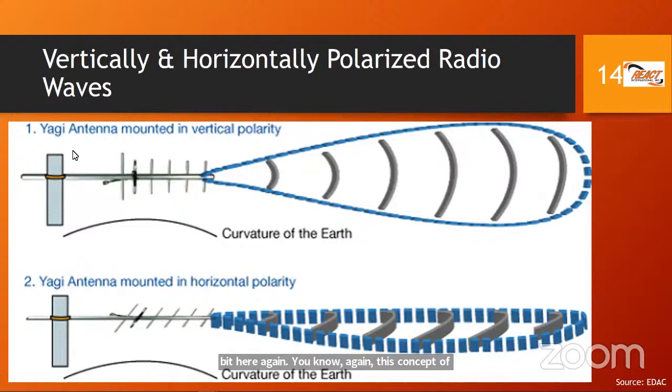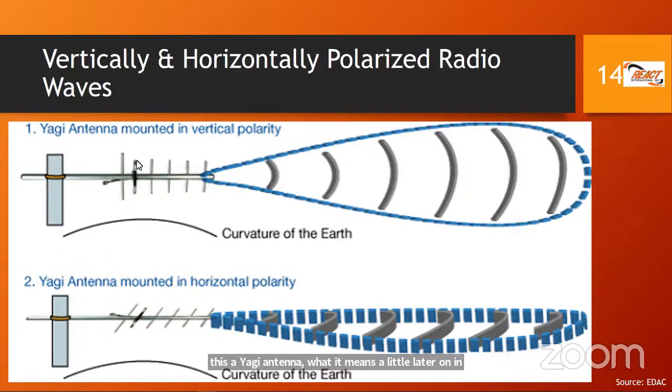So what we have here on your screen, it's two diagrams. The first one at the top is intended to show a mast or a pole that has an antenna mounted on it. And this antenna has elements. We will come to antennas and the fact that they call this a Yagi antenna and what it means a little later on in the course.